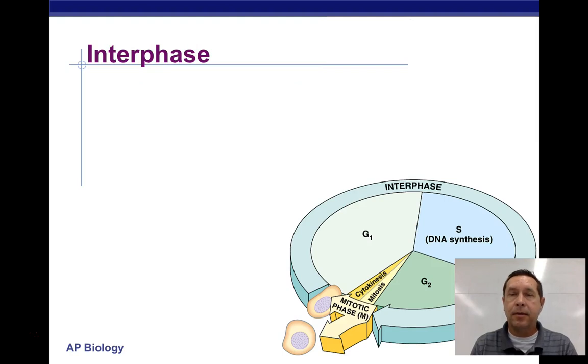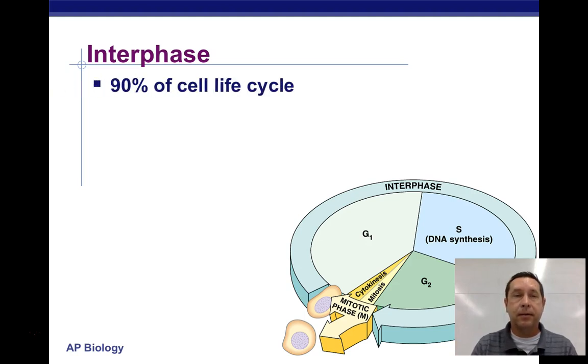So let's talk about the steps of the cell cycle briefly. So basically we have interphase, which is the time between cell divisions. 90% typically of the cell's life cycle is going to be spent during interphase. Now again, cells are going to spend different amounts of time in these different phases depending upon the kind of cell we're talking about.